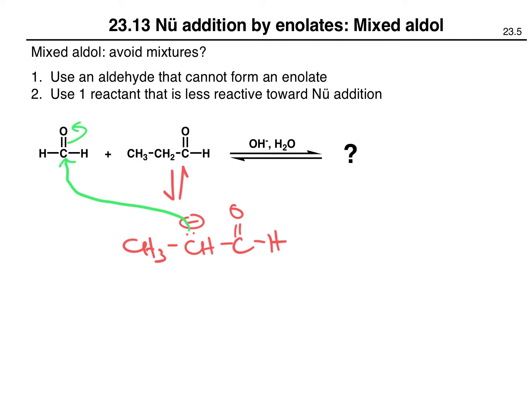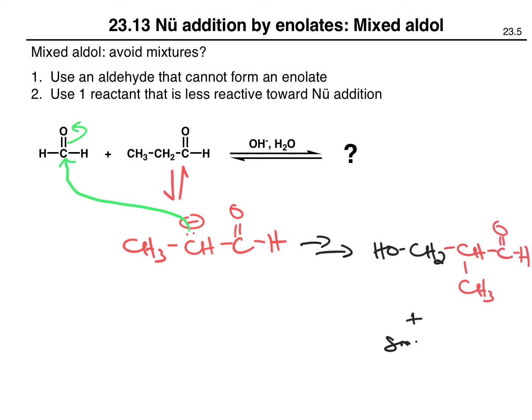And in this way, we can maximize the yield of this, plus a smaller amount of the other aldol product that would look like this. By the correct selection of reagents, we can maximize the yield of one particular compound.